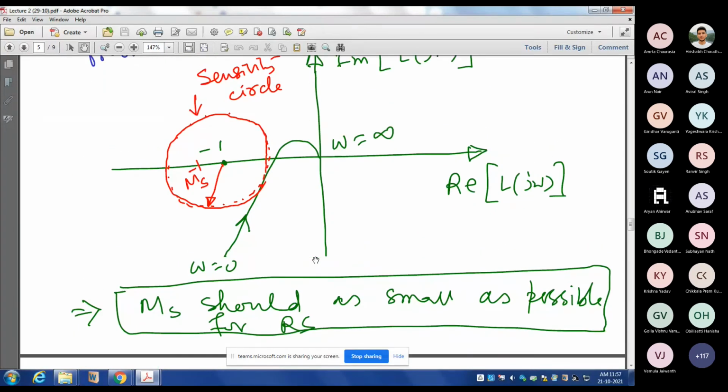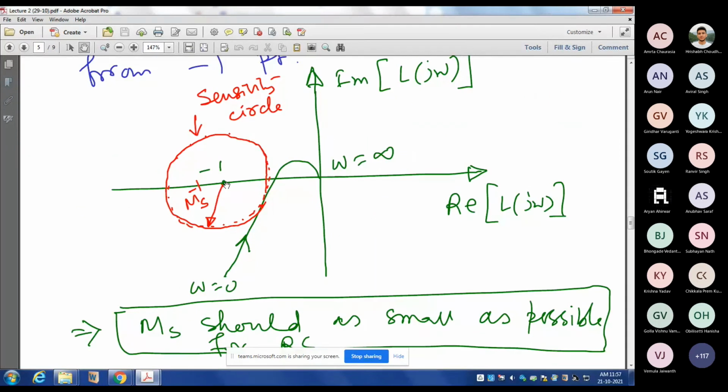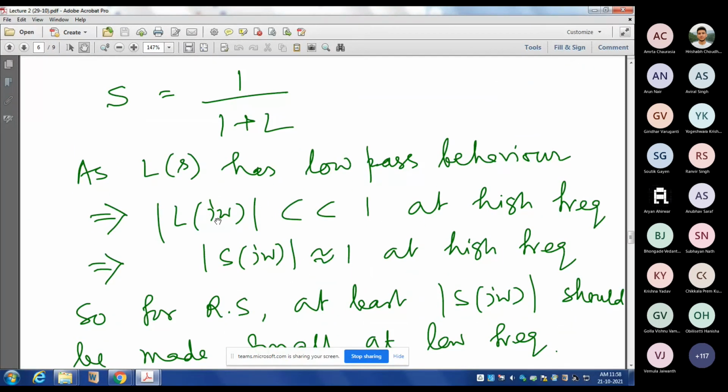For guaranteeing robustness against parameter uncertainties, your MS inverse should be as large as possible, or you should design a controller such that MS is as small as possible. As small as possible means close to 1, because below 1 it is not possible.